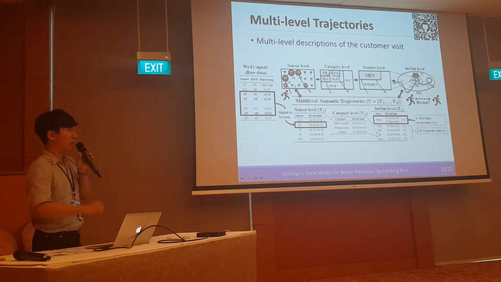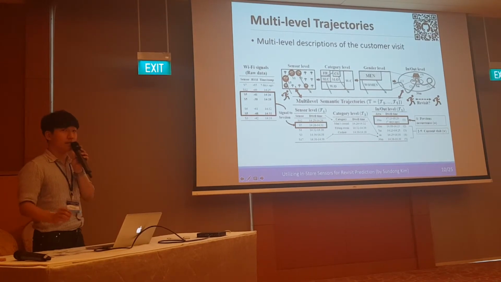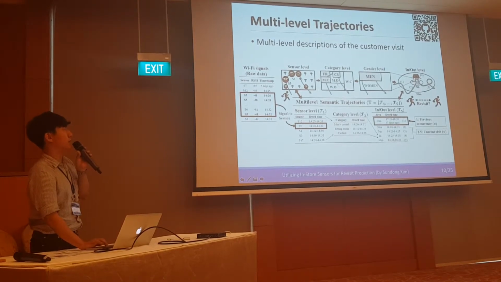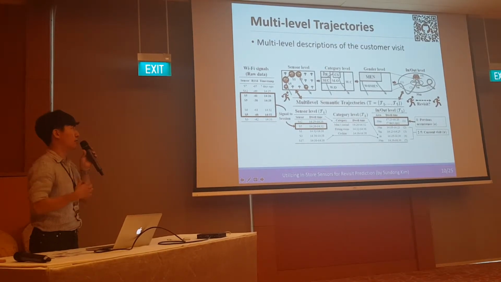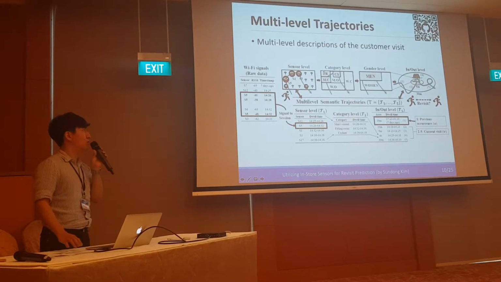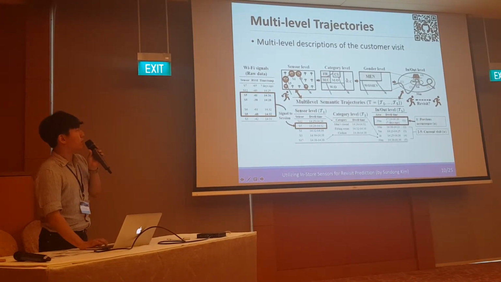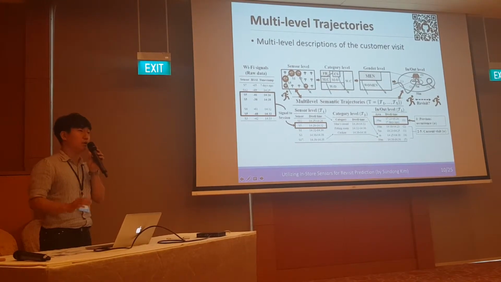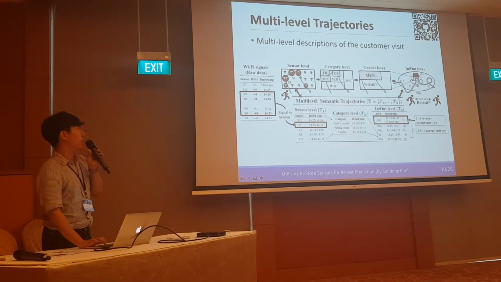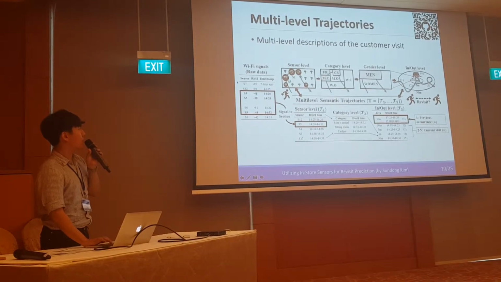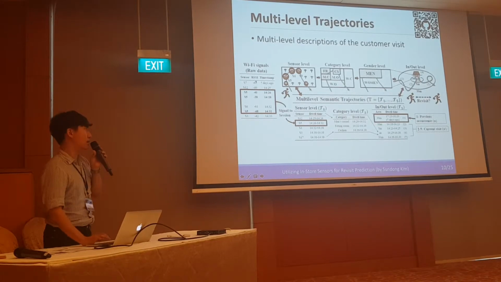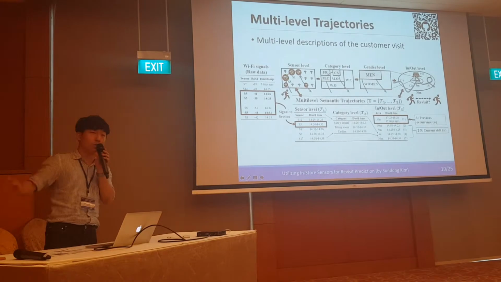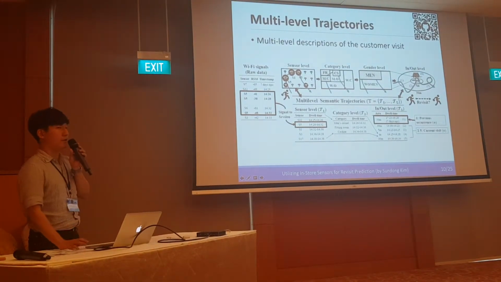We generate a trajectory by utilizing the sensor level area, and we also make a category level area, such as fitting room, men's outfit, women's casual, underwear, or something. Depending on the store, we can also divide it into gender level trajectories. We also utilize the weak signals, with very, very low signal strength, in order to capture customers' behavior outside or around the store, and we found out that that's very, very effective.